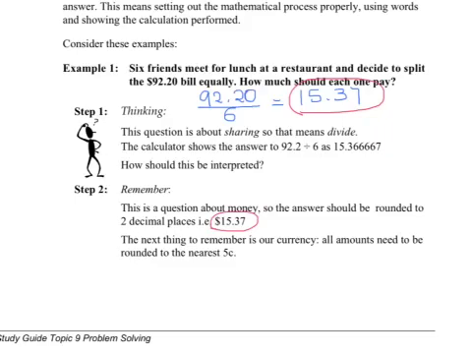Now, the other thing we need to remember is that these days when we talk about currency, we generally round off to the nearest 5 cents. So does that mean we'll round up or round down in this case?